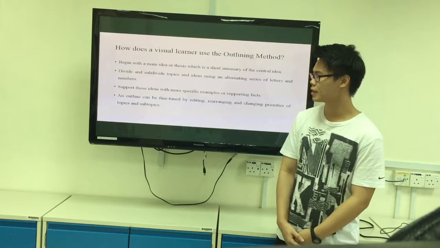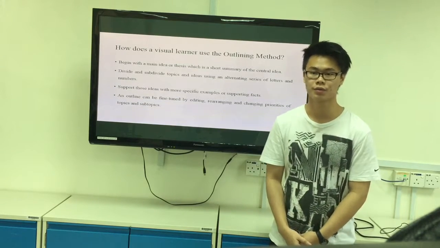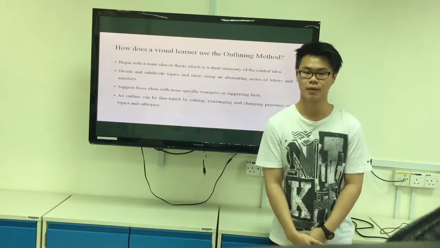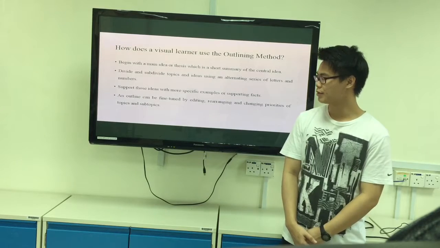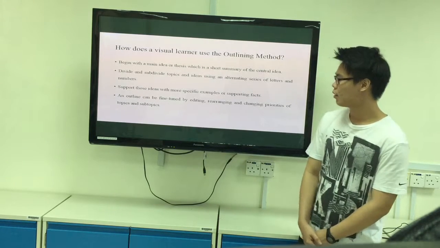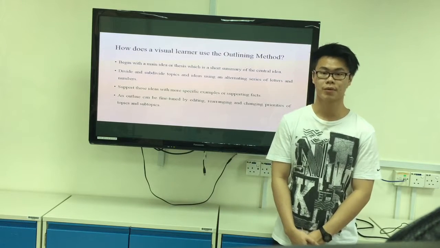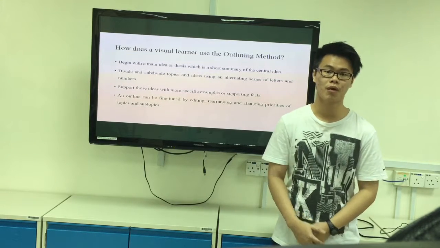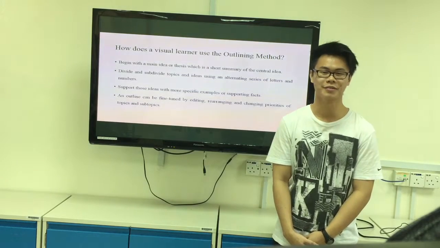Next, we support those ideas with more specific examples or supporting facts, which will make it more convincing. An outline can be fine-tuned by editing or rearranging your notes and setting priorities on subtopics and topics, which will make it more organized and easier for us to read, understand and memorize in the future.